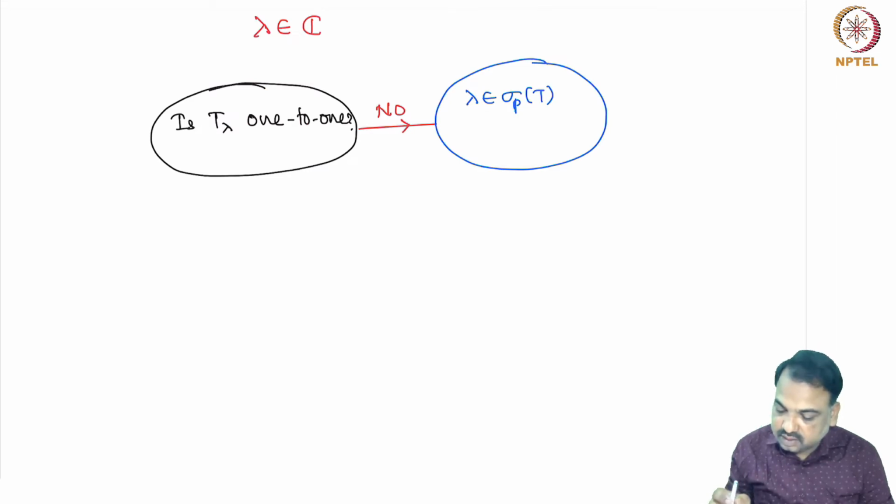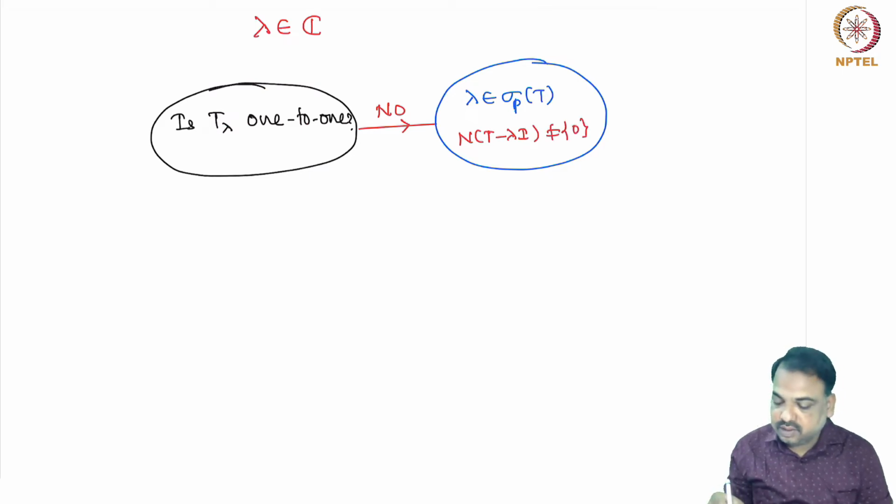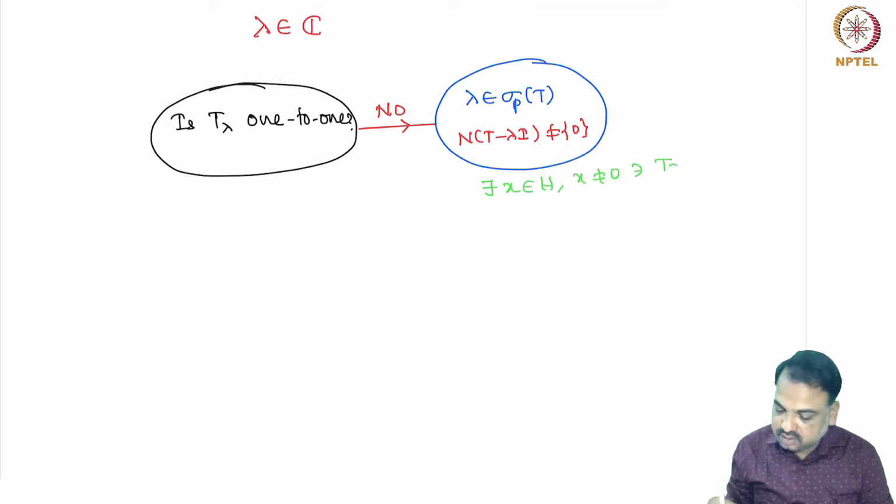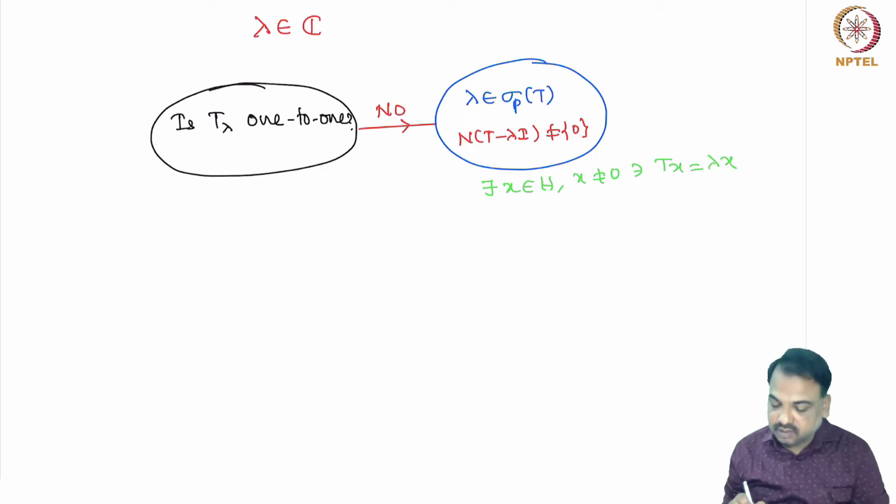In this case the null space of T minus lambda I is non-zero. That means there exists some x non-zero such that Tx equals lambda x. In other words, this set contains all the eigenvalues.